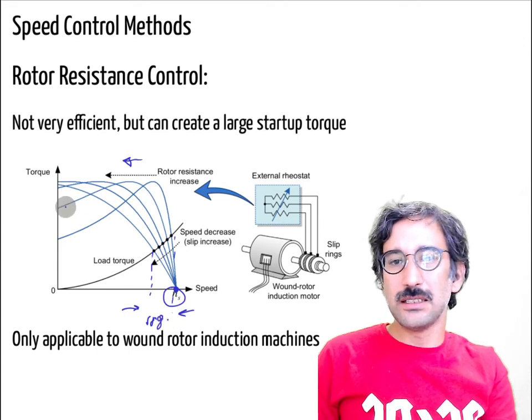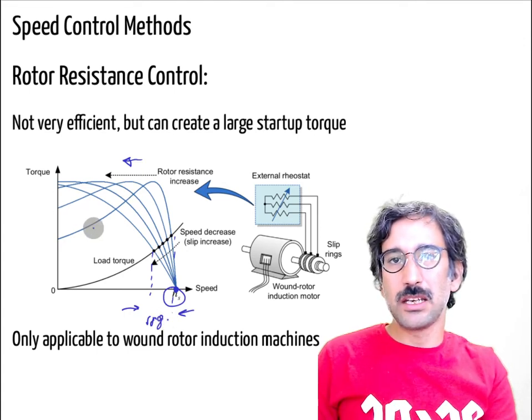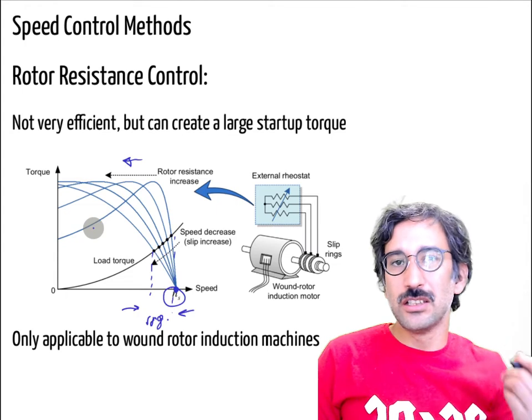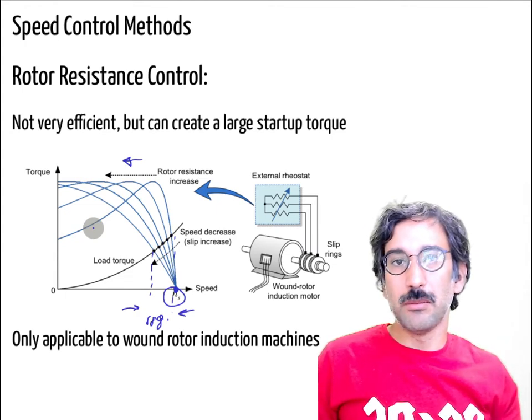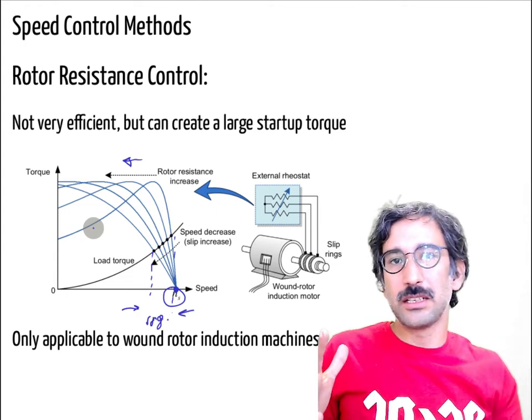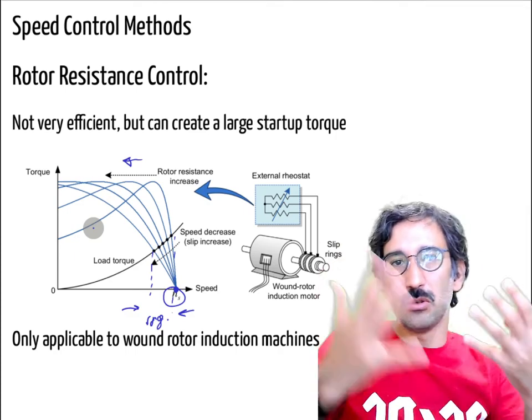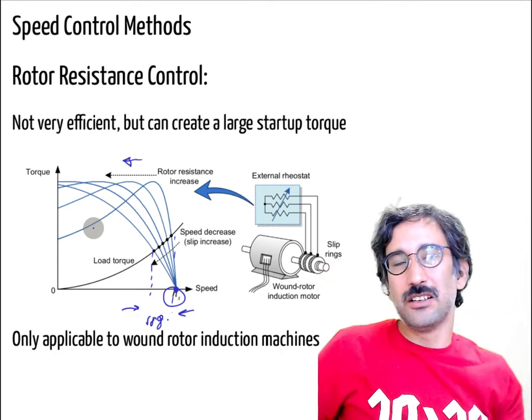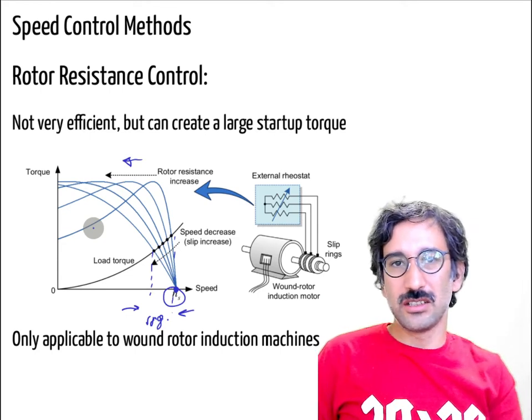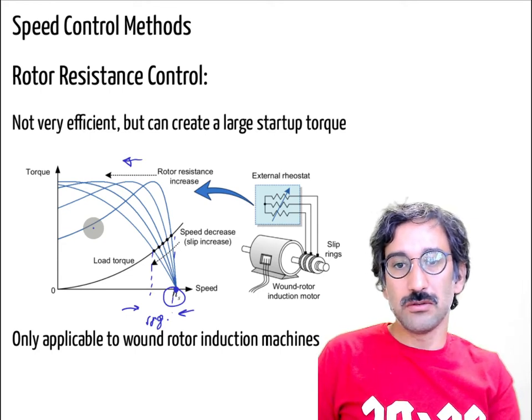Okay, but it is really useful in some applications where you need a high starting torque. For example, in mining, they use some electric motors to crush the rocks into small pieces, and those mechanisms require really large starting torques at low speeds.